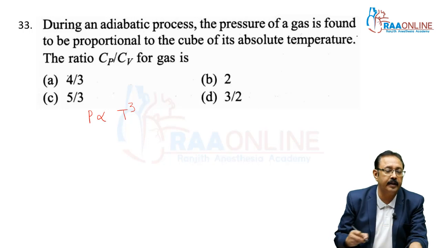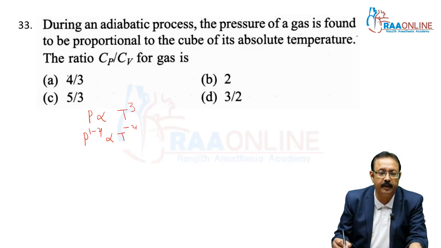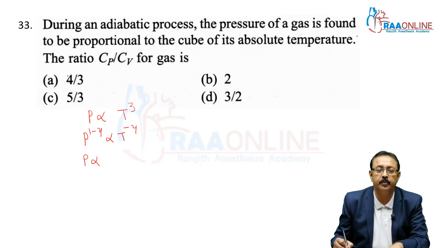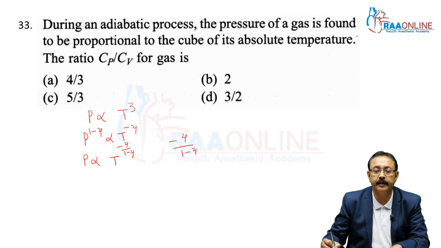But in so many previous slides we saw that in an adiabatic process P raised to the power 1 minus gamma is proportional to T raised to the power minus gamma. It means P is proportional to T raised to the power minus gamma upon 1 minus gamma. But they are saying no, it should be 3.